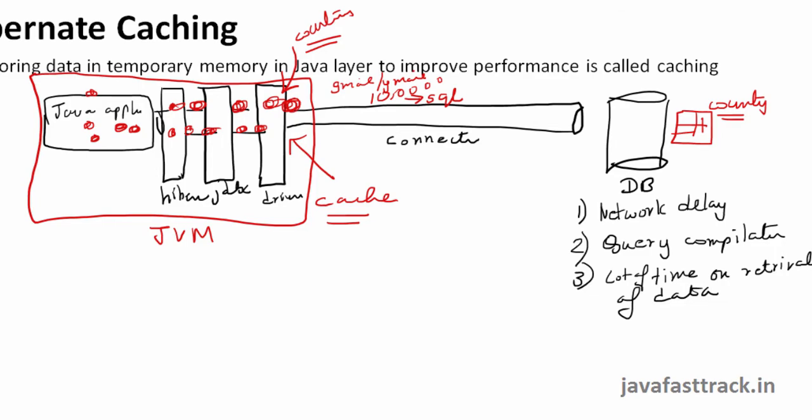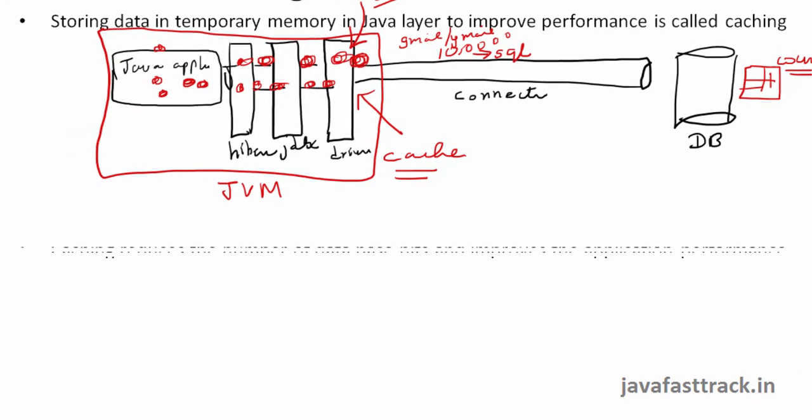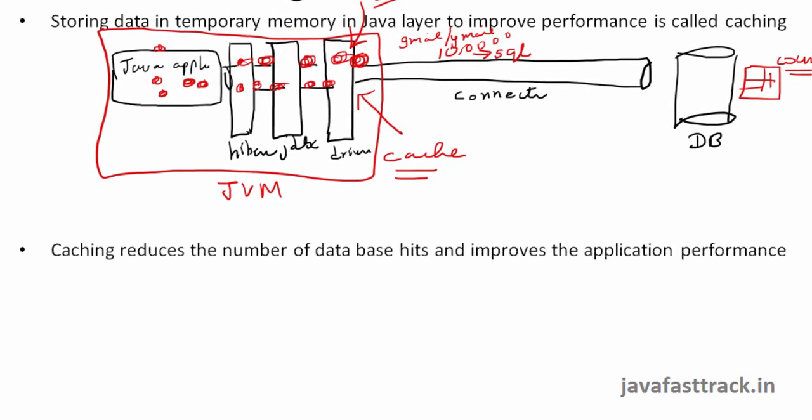That is the basic caching concept. Caching reduces the number of database hits, so it reduces the load on the database and also improves the application performance.